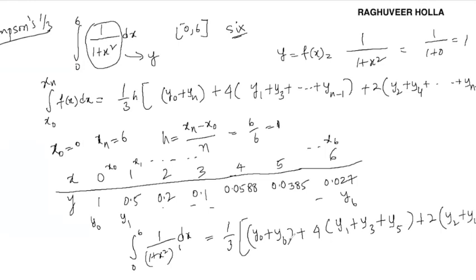So we have covered y0 through y6. Let us substitute the values, and we get 1.3662.